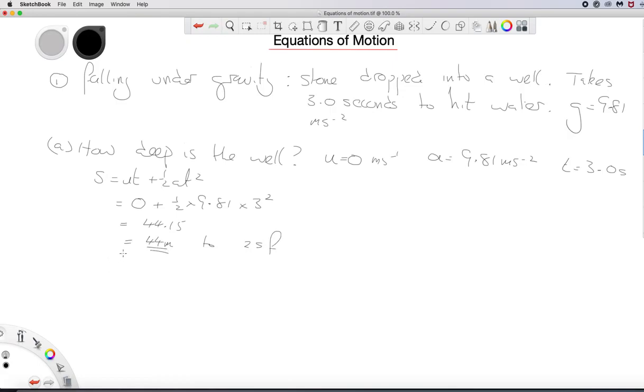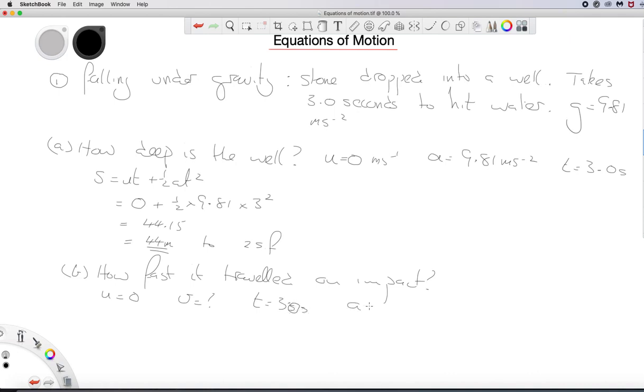Then let's consider how fast it was travelling. So, what do we know? Well, we know the initial velocity is 0. The final velocity we're looking for. The time is 3 seconds, 3.0 seconds.